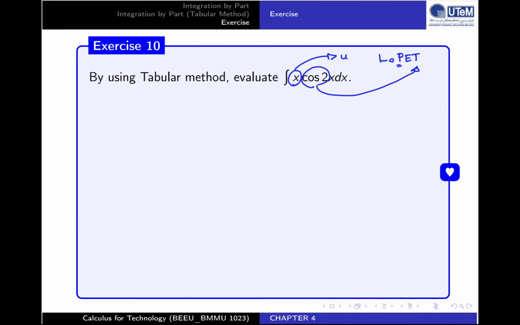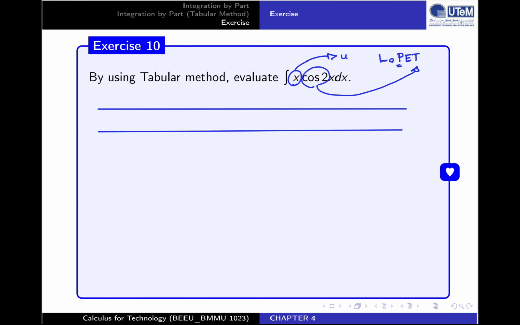So this one we put in the table here. Differentiate the value of u, and then integrate the value of dv. So your u equal to x, your dv equal to cos 2x. Differentiate x, you get 1. Differentiate 1, you get 0. So you stop there.